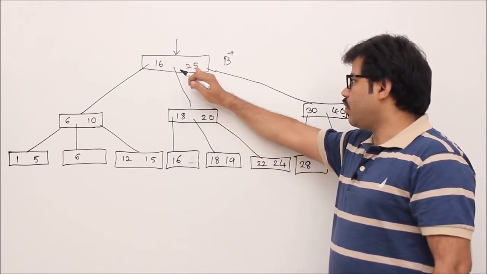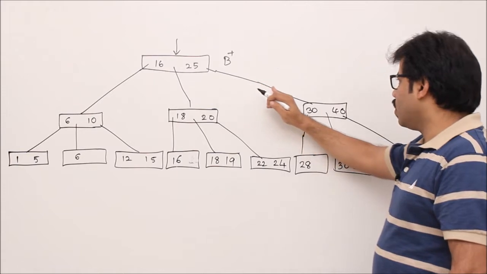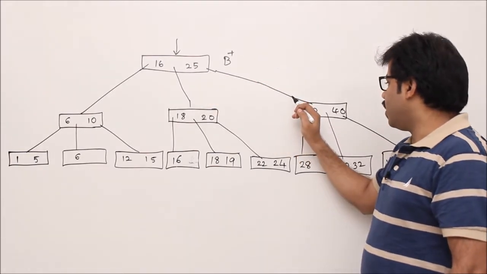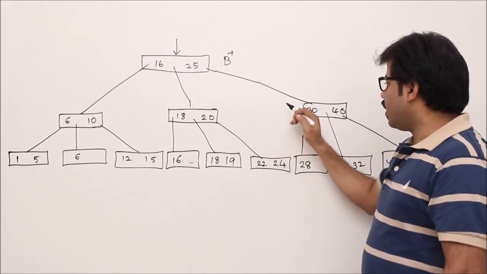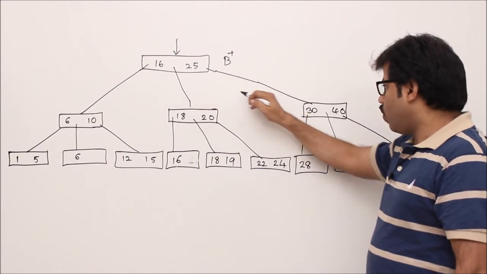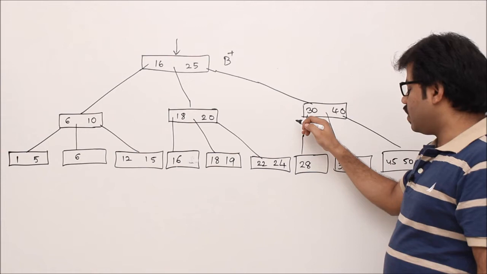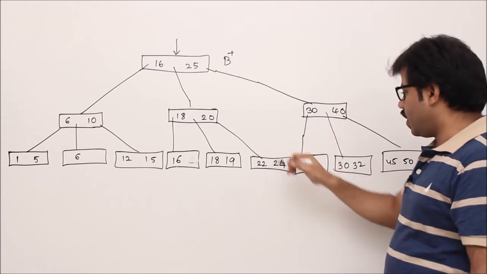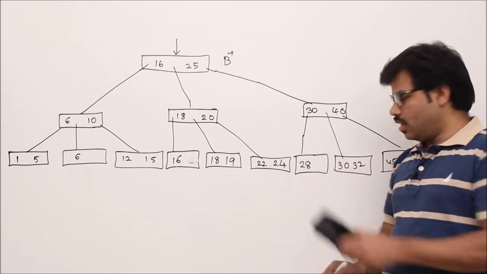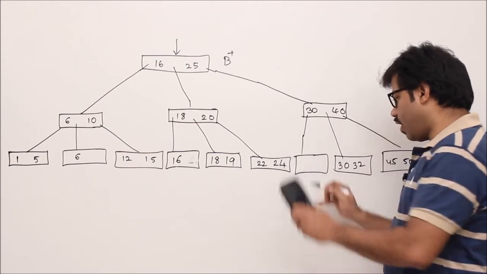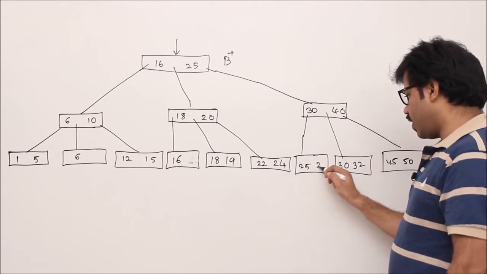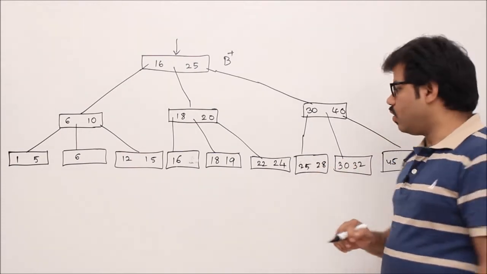First of all, search for 25. So go right side. Then since your data is greater than or equal to 25, we come this side. We know that 30, since it is 25, we should go left side. So we again have space. Don't write 28, 25. We write like this: 25, 28. We adjust it, right?